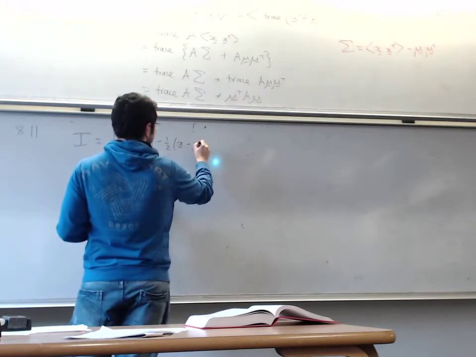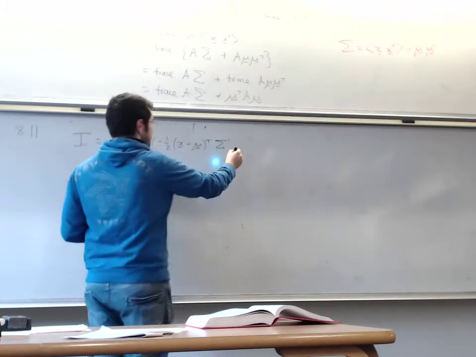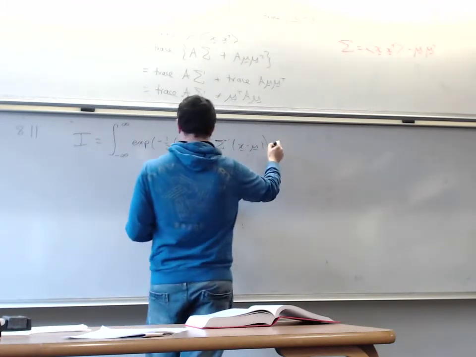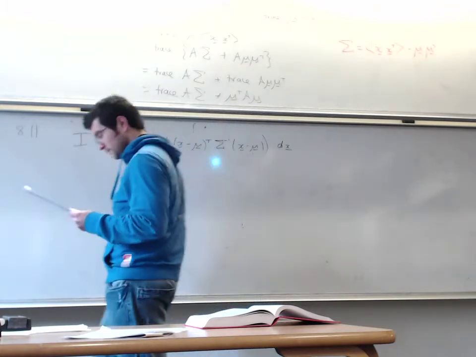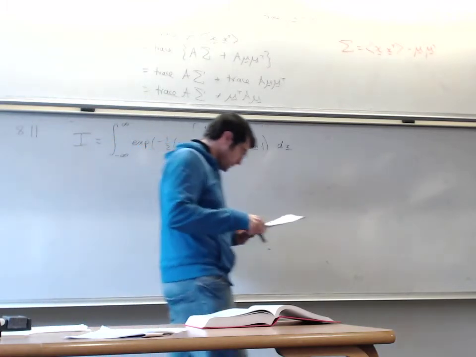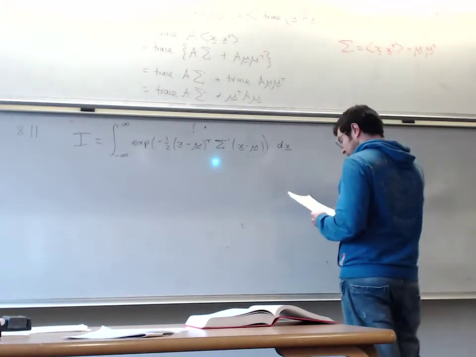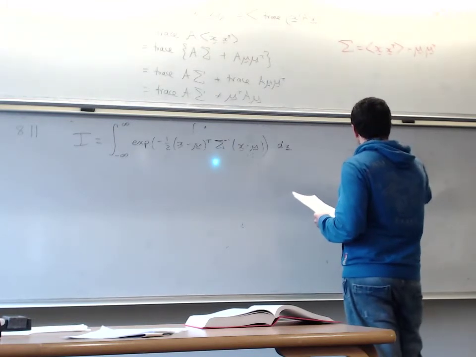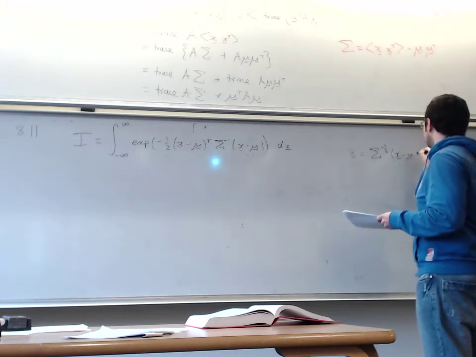The exponential of minus a half, x minus mu transpose sigma inverse x minus mu, with respect to this vector x. So we're told in the question that we're going to use a transformation z, which is going to be sigma to the minus half times x minus mu.